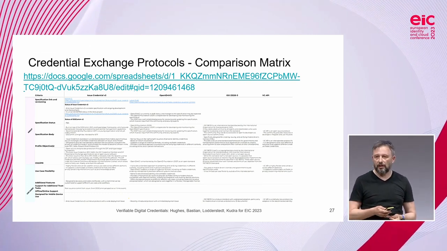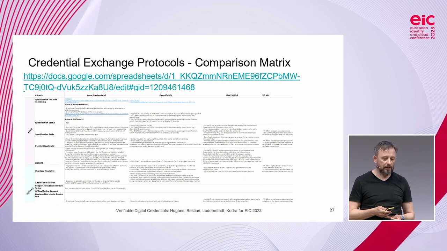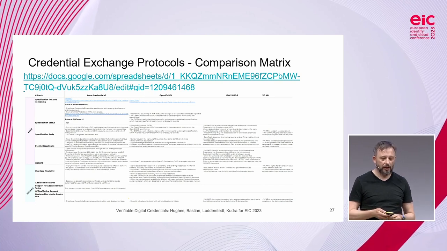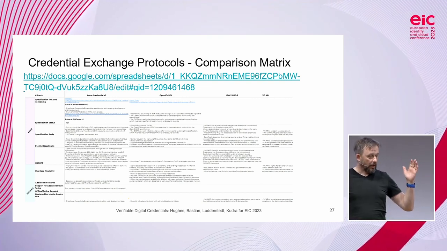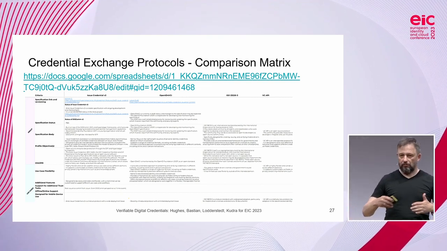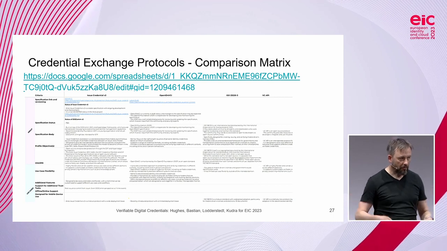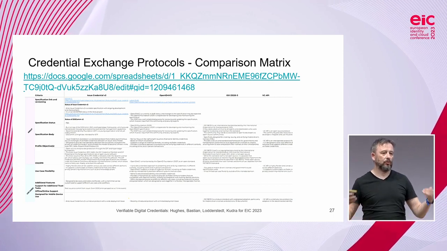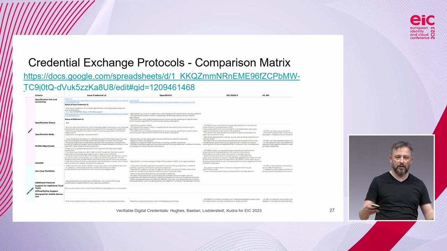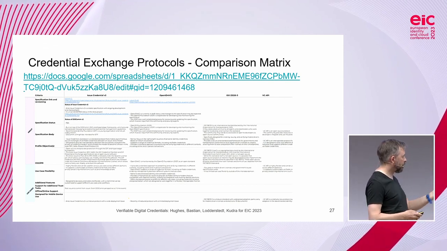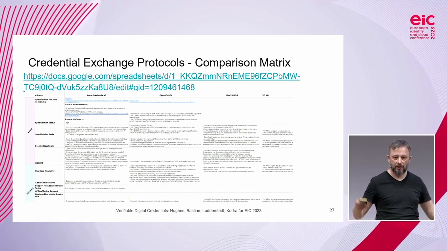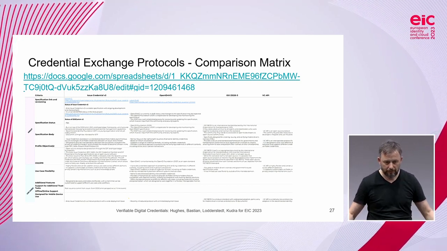We just started it at last IIW, and now there is a group establishing at Trust over IP to work on that stuff. So if you want to contribute or just want to listen, come by, help us to also evolve that work, because I think that really helps, as Andrew pointed out, to help decentralized identity get mass market adoption. Thanks a lot.